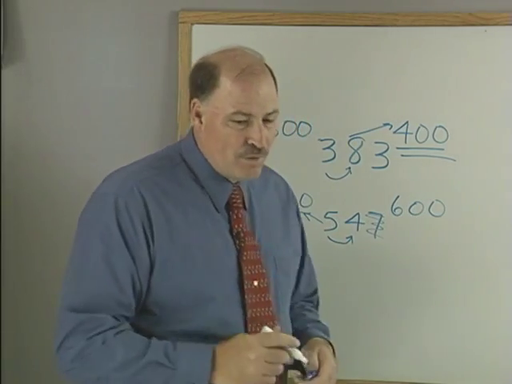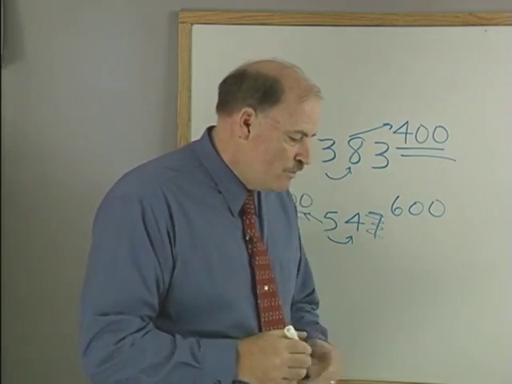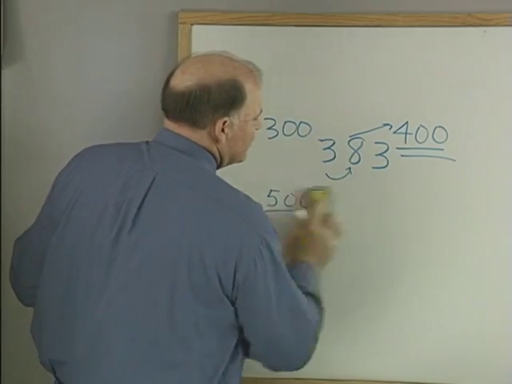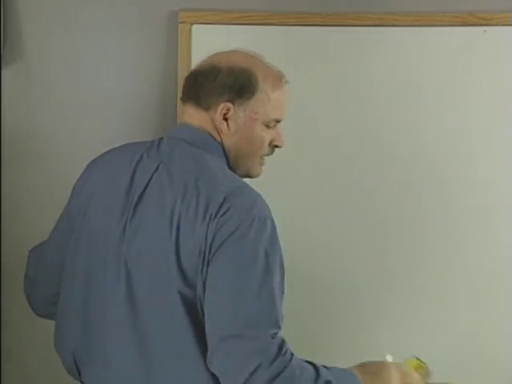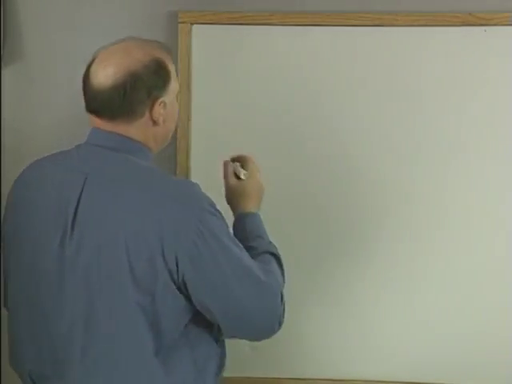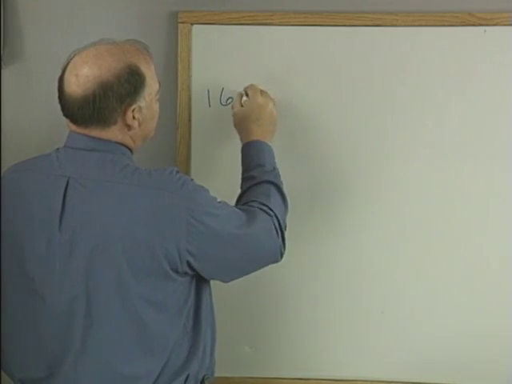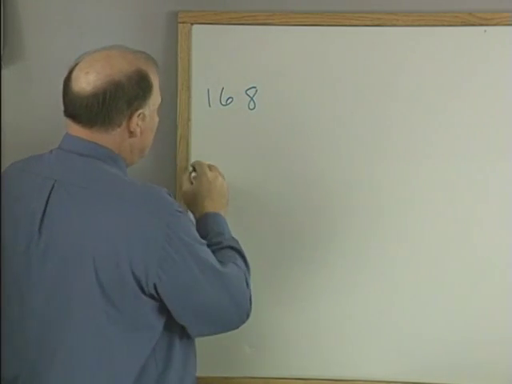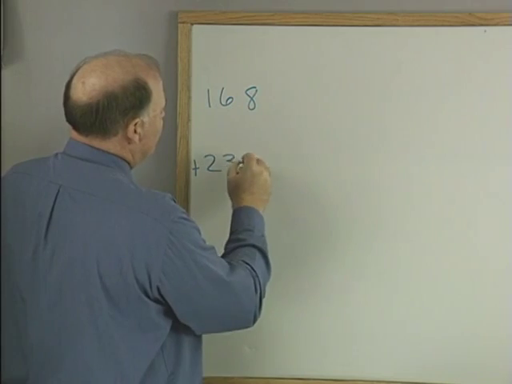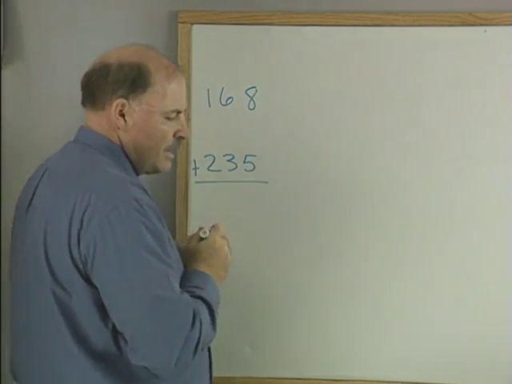Now, if you want to get your blocks, we're going to do a big problem now. We're going to do some hundreds. We're going to say 168 plus 235. Okay?